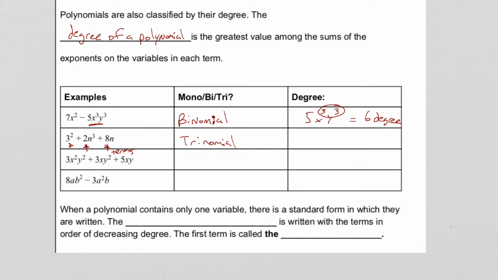And this trinomial, right, we look at the greatest value among the sums of the exponents on the variables in each term. And so this particular trinomial has a term that's 2n to the third, right? That's the largest one. So that's a 3-degree polynomial.